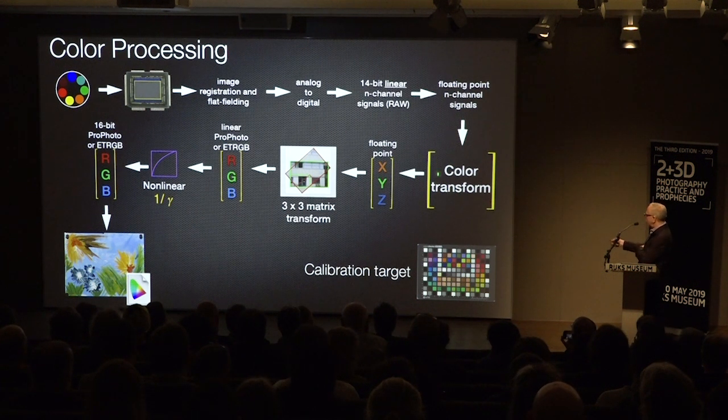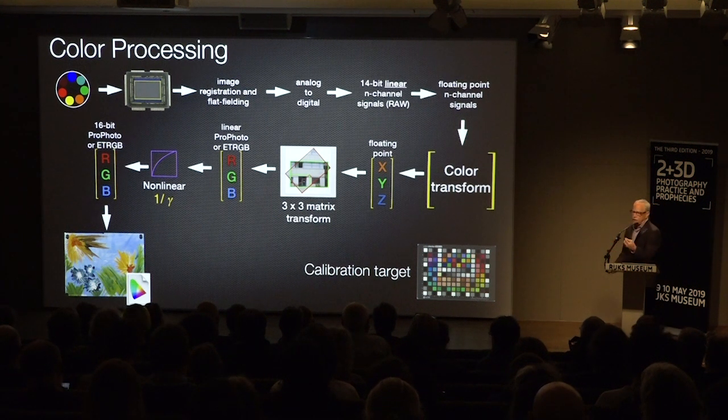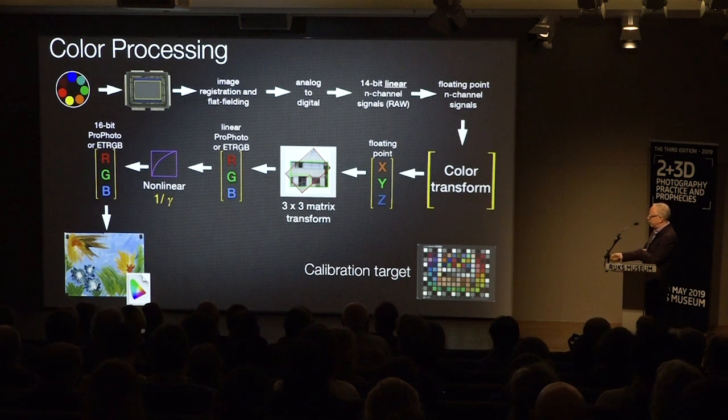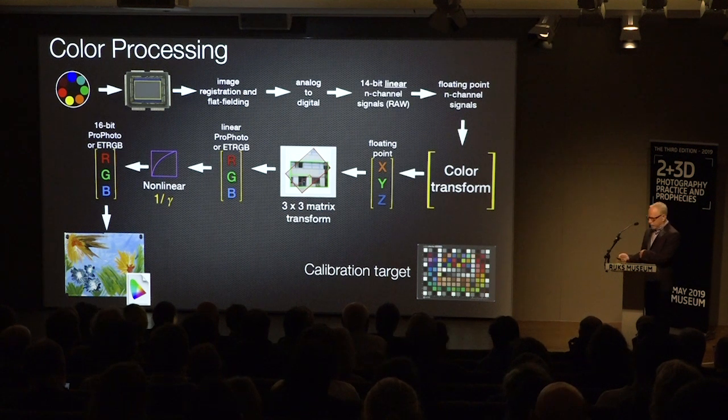I have the magic color transform, which converts some number of signals to XYZ. Then there's another transformation to get RGB, and we encode in either something called ETRGB or ProPhoto RGB. And then when I'm done here, I have my image, and it's got its profile attached. And the calibration target is the ColorChecker SG.